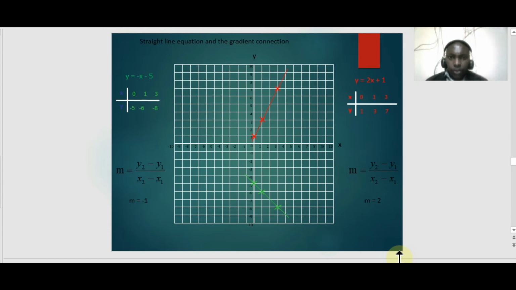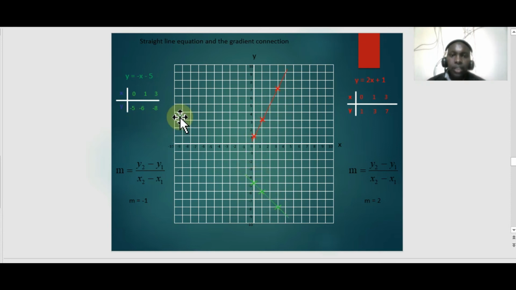Straight line equation and the gradient connection. Now, if you're given a line in the Cartesian plane, for example these two lines drawn here, and you're supposed to get the gradient, what you need to do is obtain any 2 points, or 2 coordinates, from the line and use those 2 points to calculate the gradient.